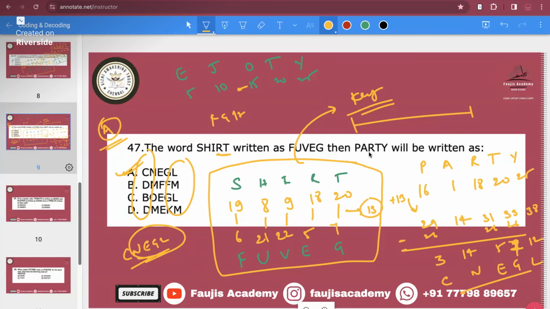Yeah, absolutely. So RT means there will be at least two letters from these five alphabets, like FUVEG. EG is there, F is there.